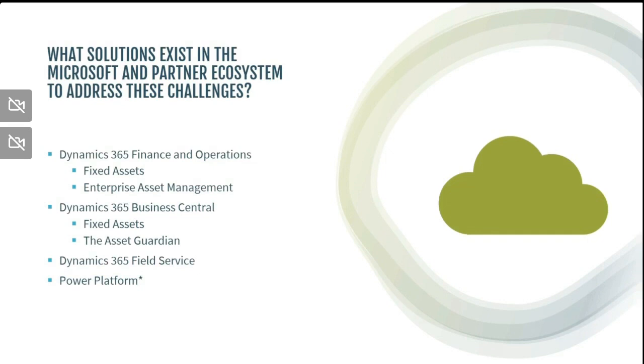Well, with the Power Platform, you can build lists and things of that nature and build apps that allow you to keep track of that information without having to go super deep, for example, with F&O, Business Central, or Field Service. So this is typically what you're going to look at when we look at the Microsoft solutions.